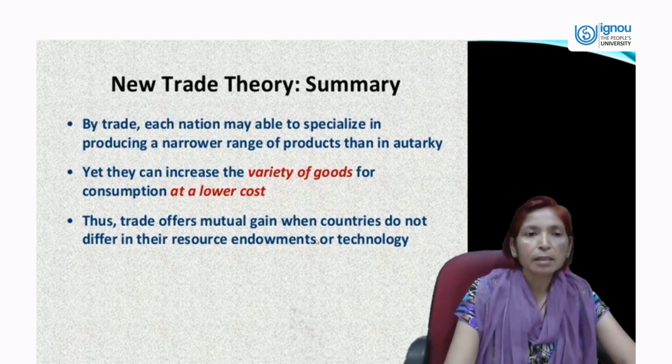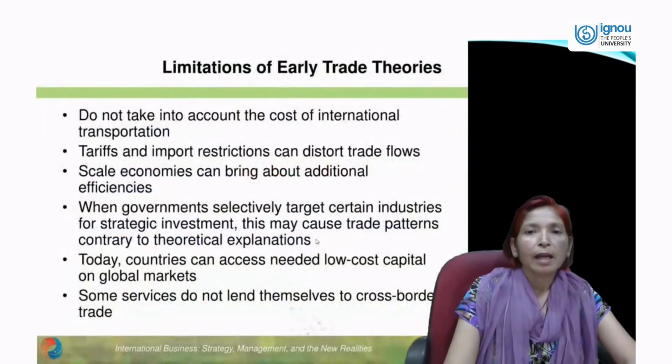So new trade theory mainly focuses on specializing in the product which we can produce more of by decreasing the cost of production. And a limitation of early trade theories is that they do not take into account the cost of international transportation.